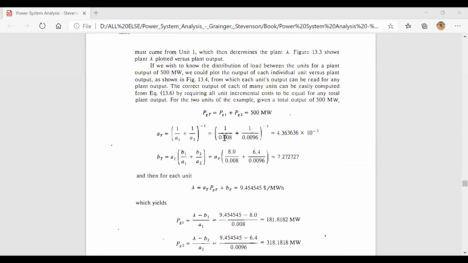So that's 0.008 plus 0.0096, the inverse of that gives us 4.3636 times 10 to the minus 3. B total is alpha total times b1 over alpha 1 plus b2 over alpha 2. So it's 8 over 0.008 plus 6.4 divided by 0.0096.